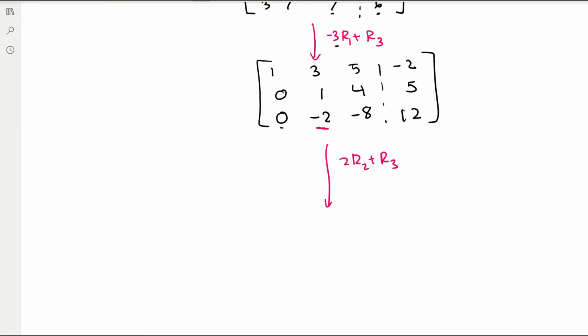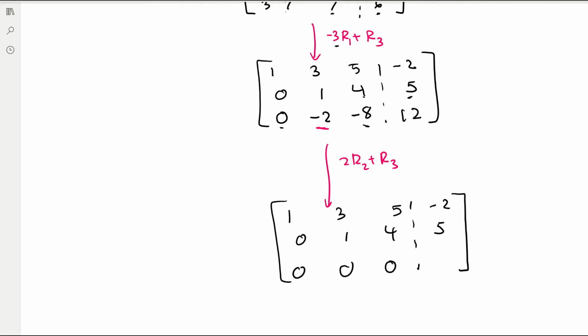Then 2 plus -2 is 0. So we have 1, 3, 5, -2, then 0, 1, 4, 5, and here we're going to get 0. 4 times 2 is 8. 8 plus -8 is 0, so that's also 0. 5 times 2 is 10. 10 plus 12 is 22.